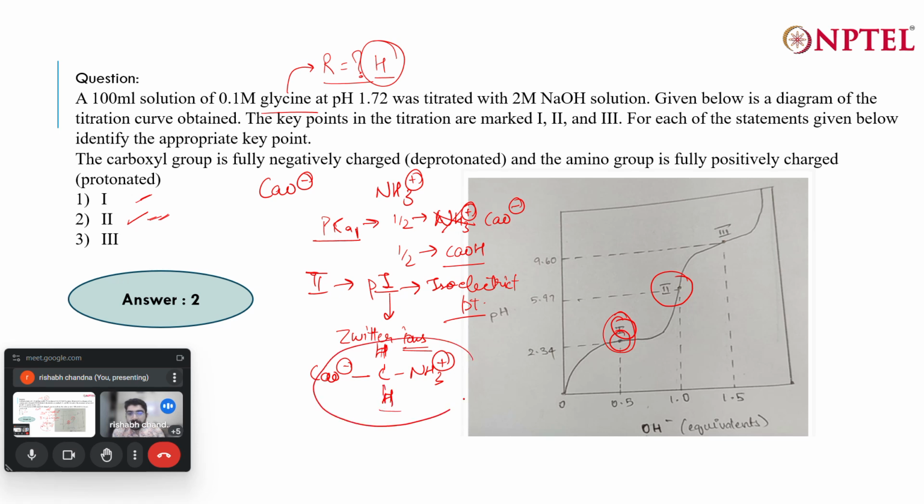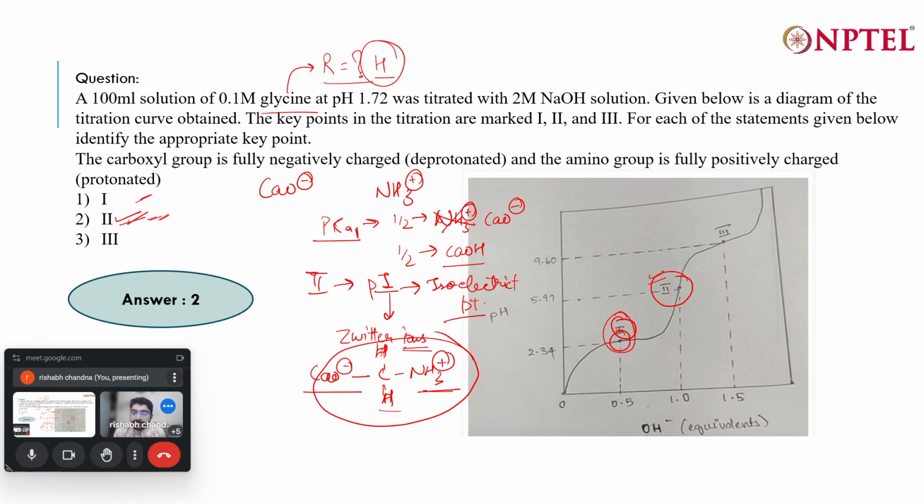At this particular point, the amino acid is present as a zwitterion, the carboxyl group is fully deprotonated, and the amino group is fully protonated. So the correct answer would be option number 2, at position 2 in the graph.